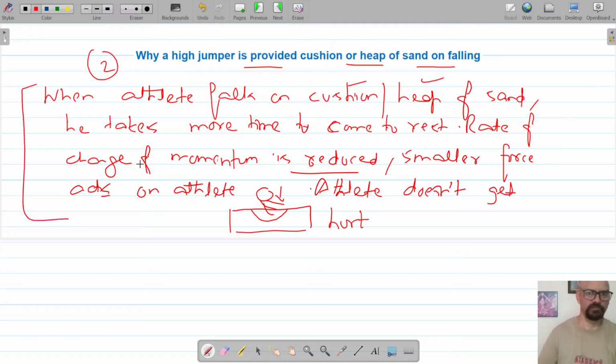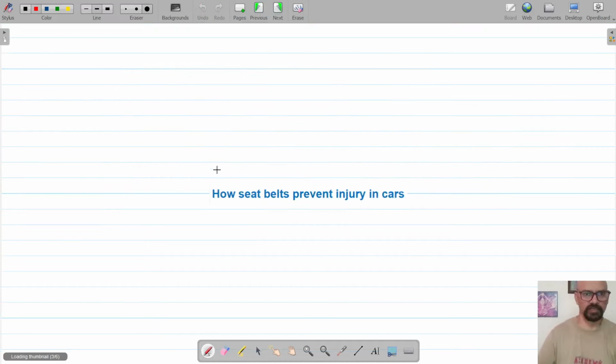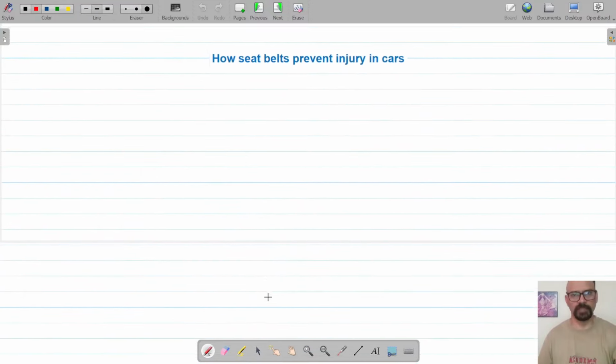Okay, so that's the reason a jumper is provided with a cushion or heap of sand instead of mud or, let's say, concrete, because when someone falls on concrete, it takes less time to come to rest. The rate of change of momentum is in that case increased. A larger force acts on the athlete and the athlete gets hurt. So this is the second application.